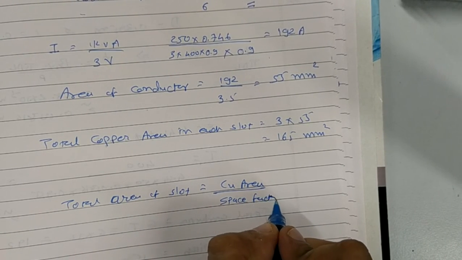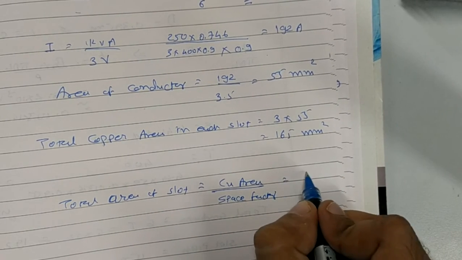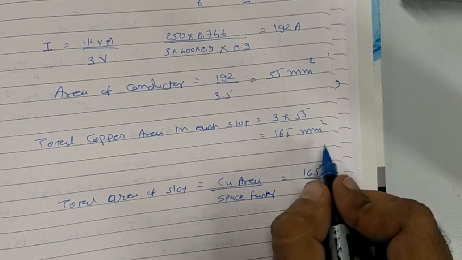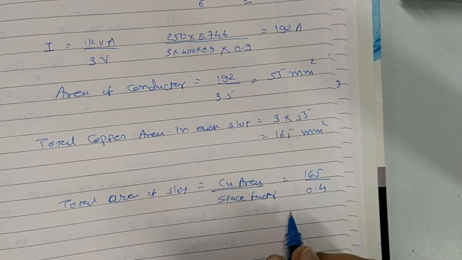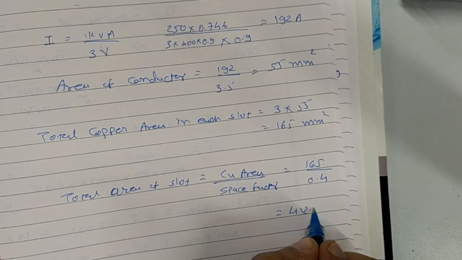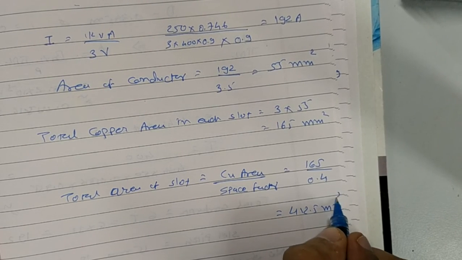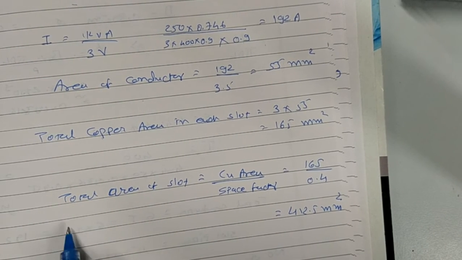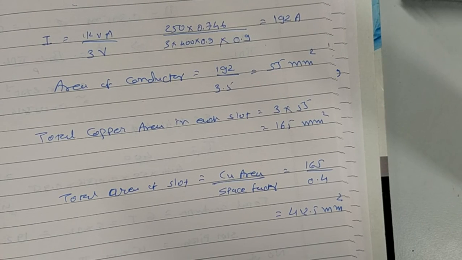The space factor value is given. So 165 is the total copper area, divided by 0.4 as given. If I divide it by 0.4, I will have the final answer, 412.5 mm square. This is how I can calculate the total area of the slot.